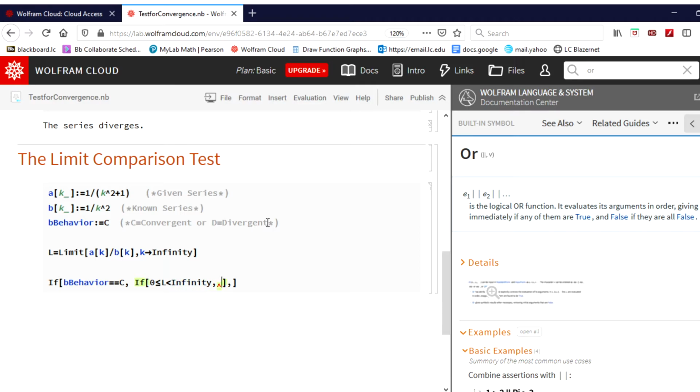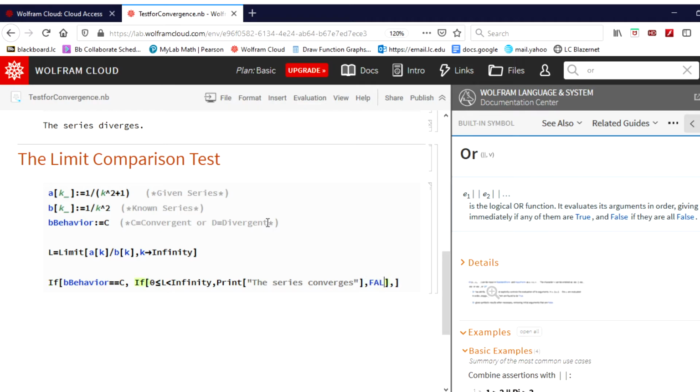When that is true, what we know is the series converges, right?